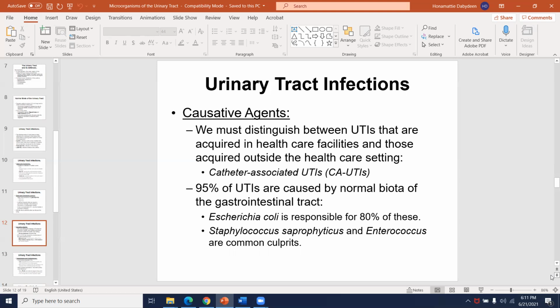And they seem to want to claim that there are some organisms that are in the upper urinary tract. Possibly, I would say they're maybe not there permanently, but maybe transient. Okay, so I wouldn't go too much into that.